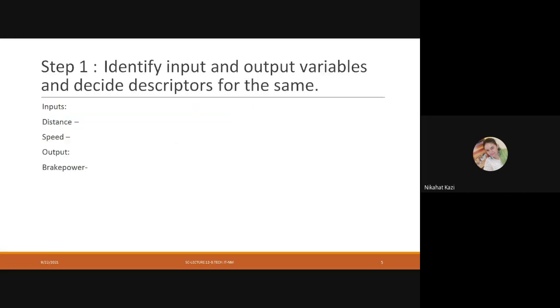So the distance, speed, and brake power, they have already given. You just have to write the descriptors and the ranges for each of these input and output variables. They have mentioned in the problem statement that you have to use 4 descriptors for all the variables.